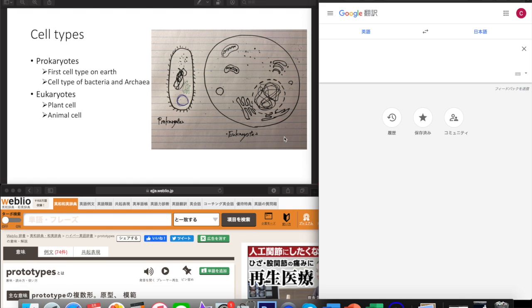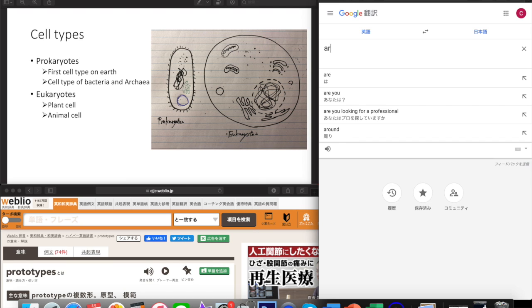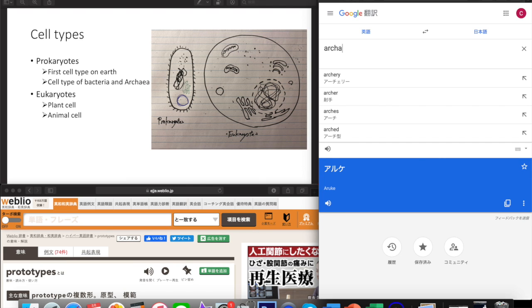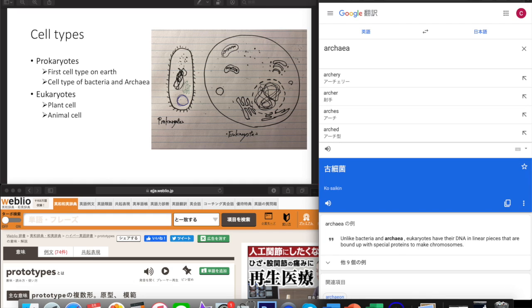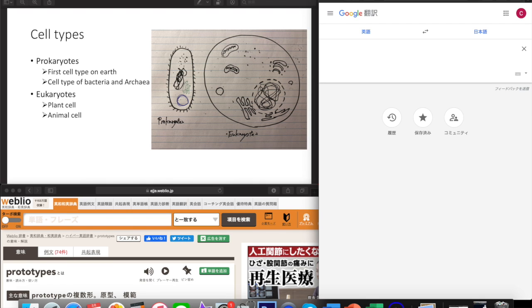Second, the cytoplasm consists of jelly-like cytosol within the cell, in which there are other cellular components. And the DNA is the cell's genetic material. The fourth is the ribosome, which also exists in both. Do you understand?